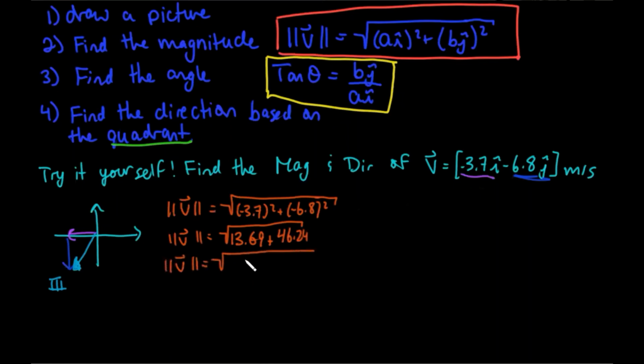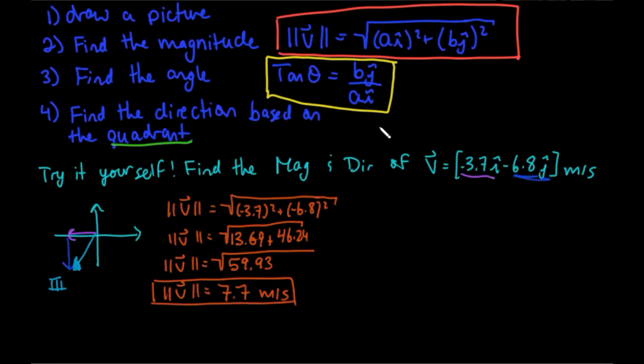When I add that up together, I get a total of 59.93. And then finally, to get the square root of that, I end up with 7.7 meters per second. So this is my magnitude.